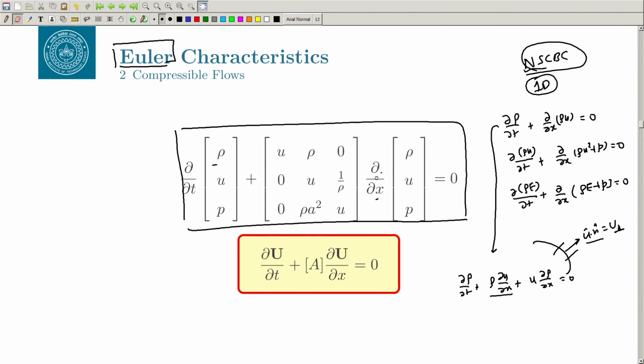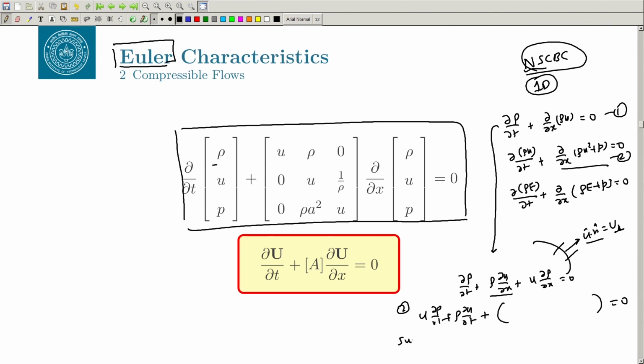The second equation, you have to use both the continuity equation, equation 1, and the momentum equation. So, you can expand the momentum equation, the second one, and write u ∂ρ/∂t plus ρ ∂u/∂t, plus you have to expand this other term also, equal to 0, and then you have to subtract equation 1.